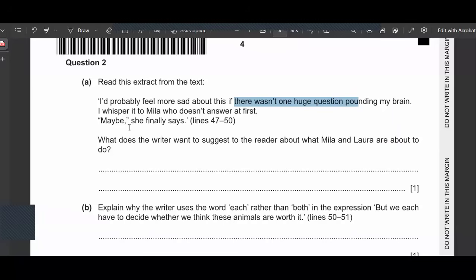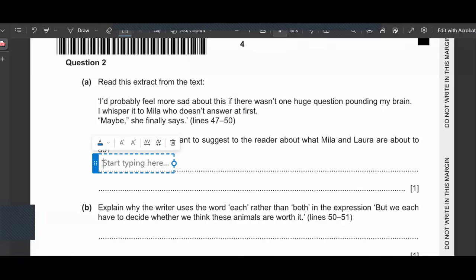So the thing that the writer or the narrator wants to tell the reader is that they were about to do something uncertain, something risky, or something dangerous. This is a one marker question, so we can compose our answer accordingly.